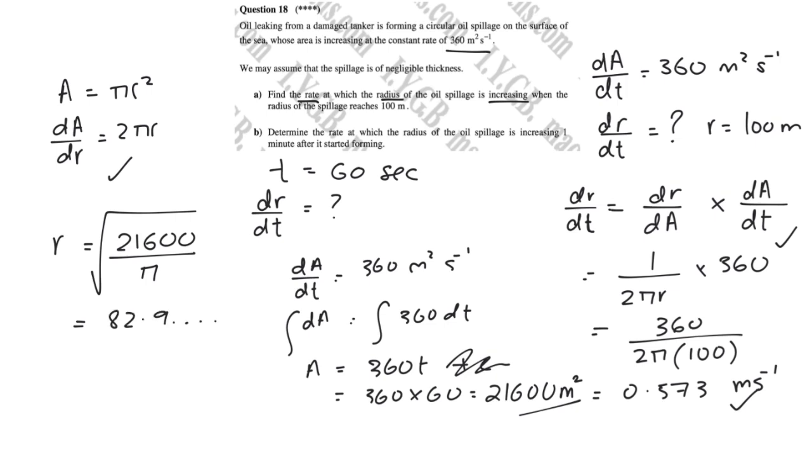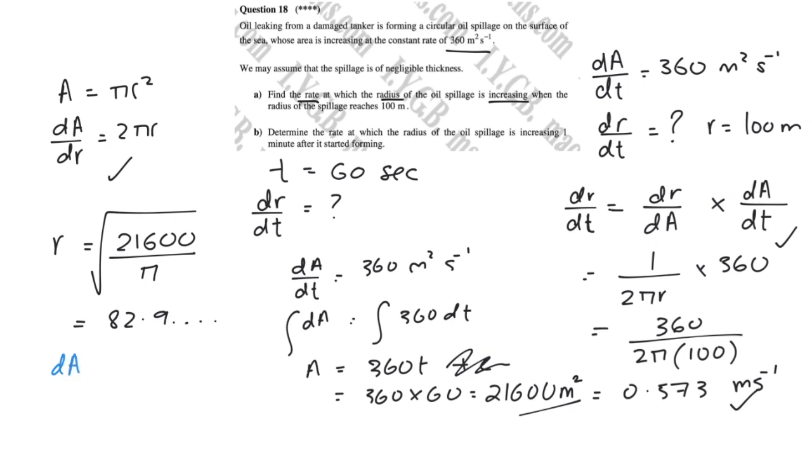Okay, so if that's the radius now, we can work out what dr over dt is. Yes, you do need r, the radius. So you need to put this radius back into dr over dt. I think this is an end of paper question, because it is one of the things where you will have to think about.